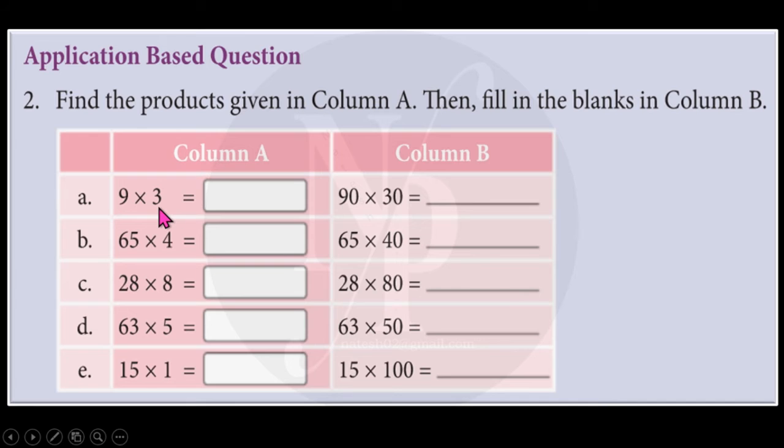We should find the products given in column A, that is we should find 9 into 3 here. We will write the answer here. And if you look at the numbers given in column B, with the same non-zero digits, some zeros are included. Here we have 9 into 3, but here we have 90 into 30.